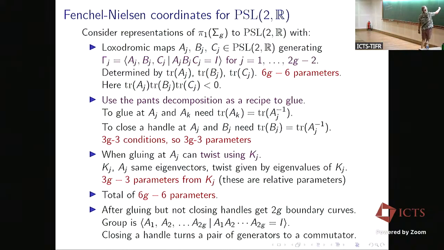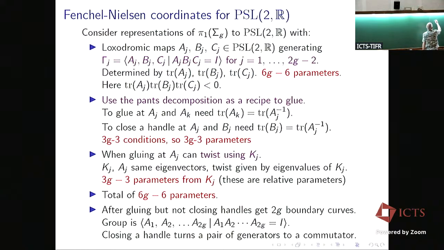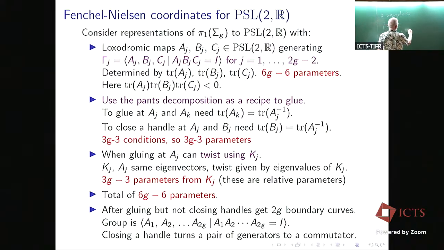So if I have my A, it's going to have two eigenvalues. One is bigger than 1, one is less than 1. So A is then conjugate to the map e to the L alpha over 2, 0, 0, e to the minus L alpha over 2. And that would be my A is conjugate to that.